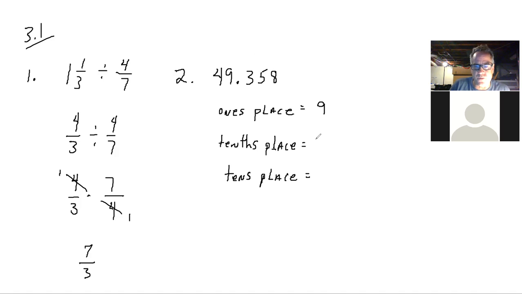Now, where's that coming from? This place value right here, in terms of its base, is 10 to the first, tens. So tens is 4 in this particular number. The digit 4 is occupying tens place, 10 to the first. Anything to the 0 power is 1. And then it would make sense you would have 10 to the negative first, 10 to the negative second, 10 to the negative third.